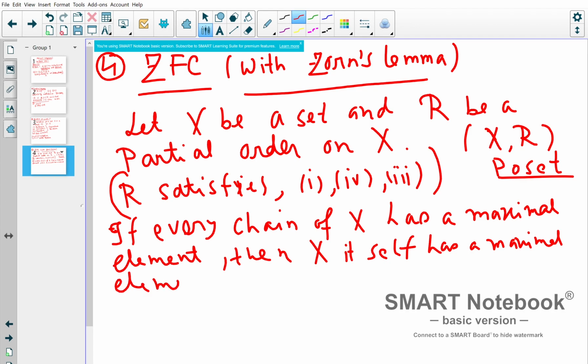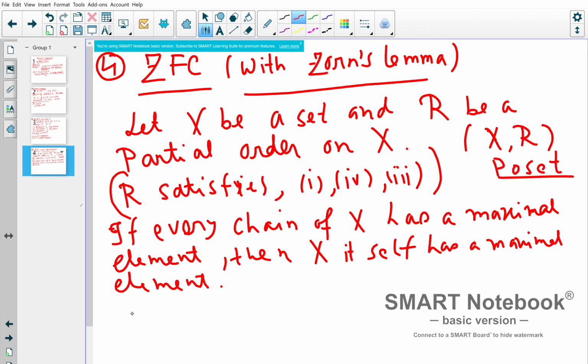Okay, so what does that mean? That means that to check the poset has a maximal element or not, it is enough to check that all its chains have a maximal element, right? So what is the chain? The chain is a total order.